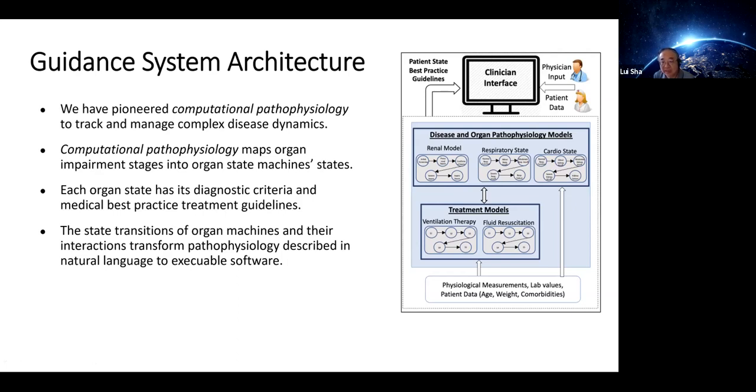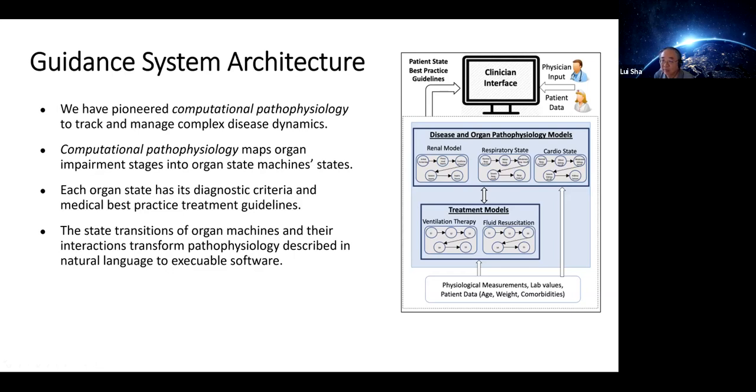Each organ state has its diagnostic criteria and medical best practice treatment guidelines. The state transitions of those concurrent organ state machines and their interactions transform pathophysiology described in natural language into executable software.